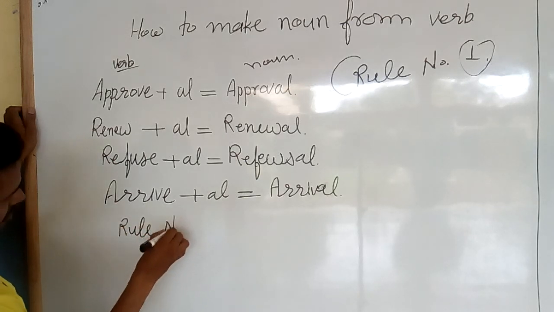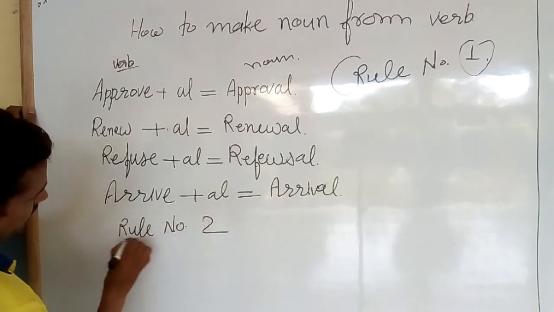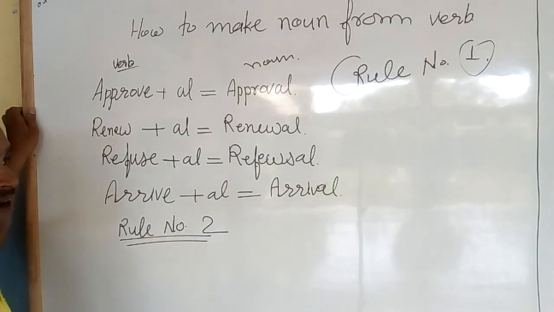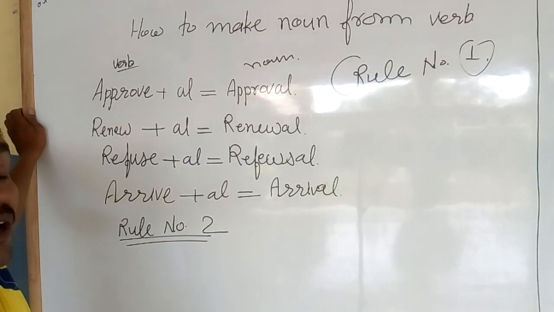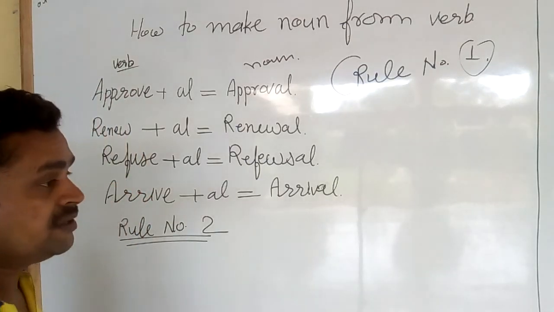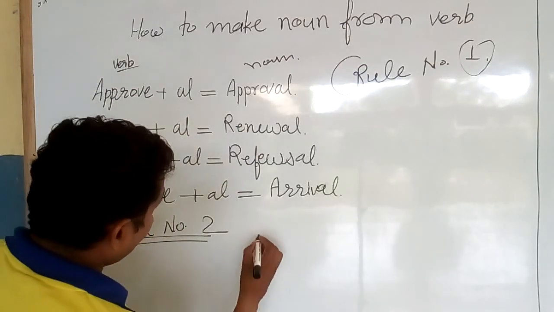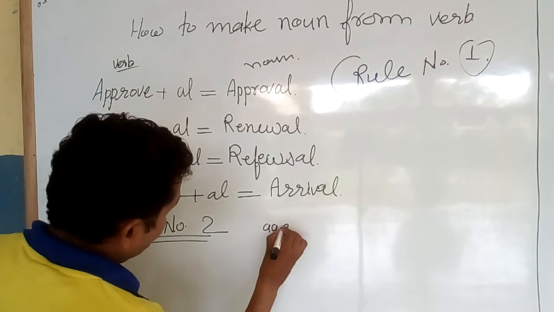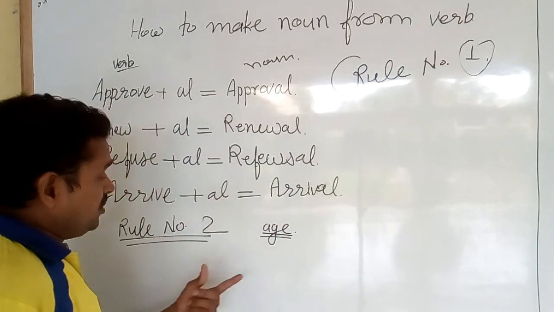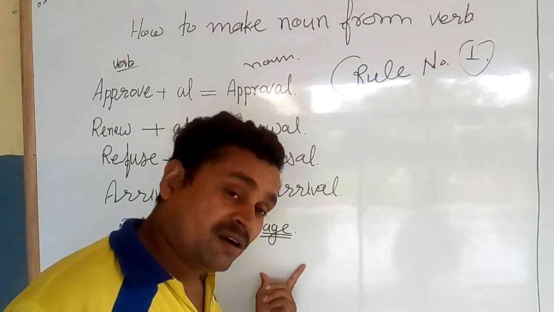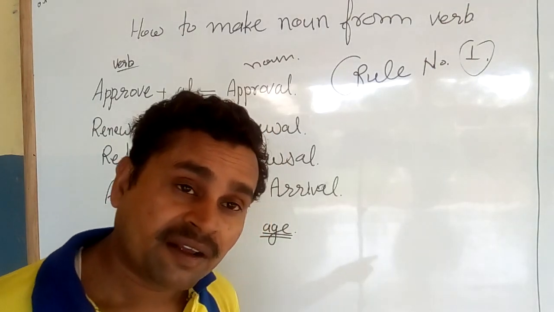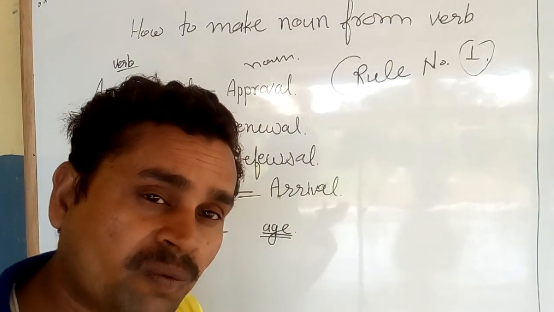Rule number 2. You can understand it very easily. For example, you can add age at the end of a verb.